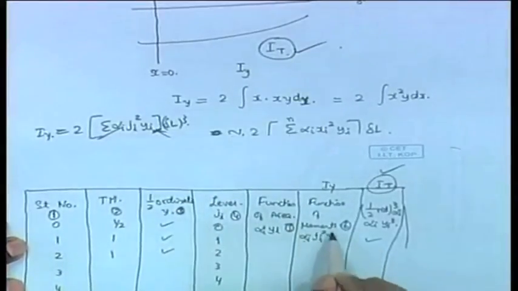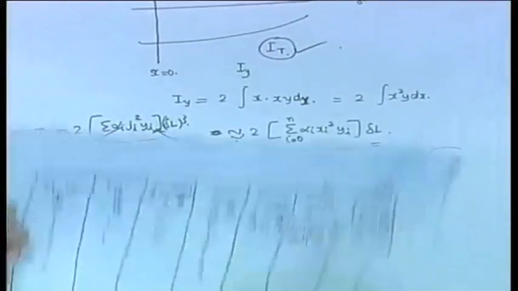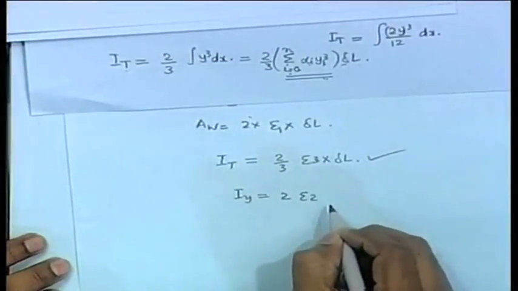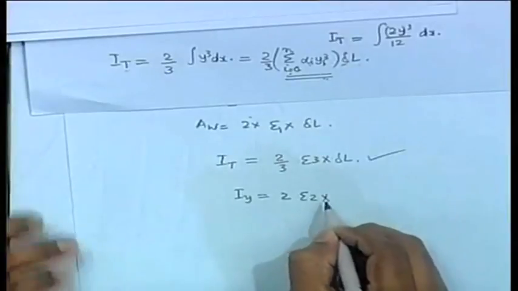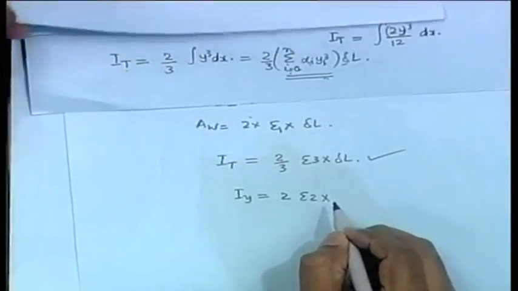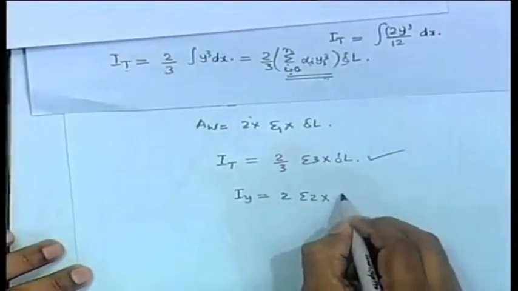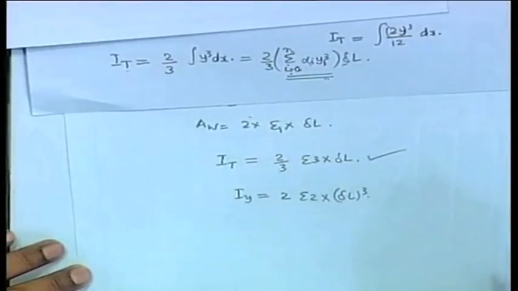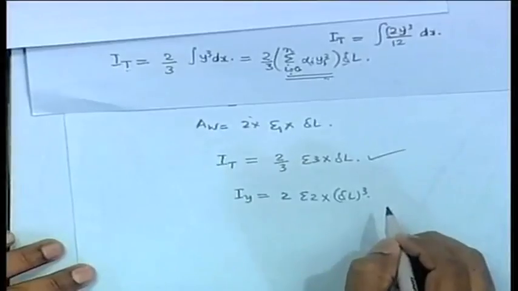So, 2 into sigma 2 into delta L cubed, yes, delta L cubed. You do this, you will get your IY.